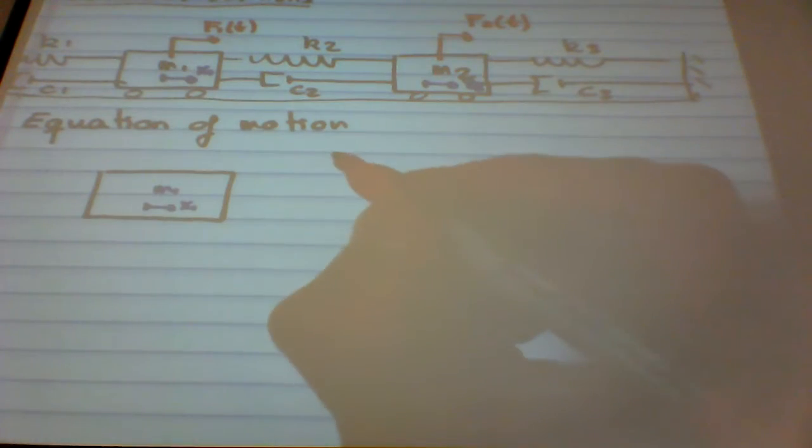So now, if we start from this end, and assume everything is moving to the right, what would be the forces acting on M1? K1 X1 to the left would be the spring force here, and you will have the same thing for the damper.